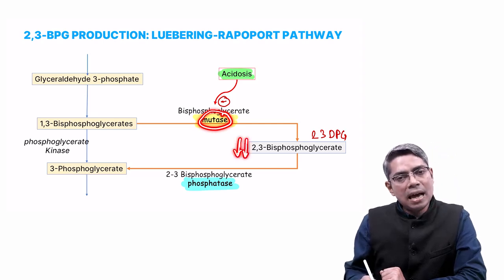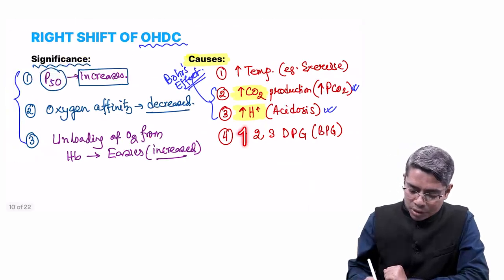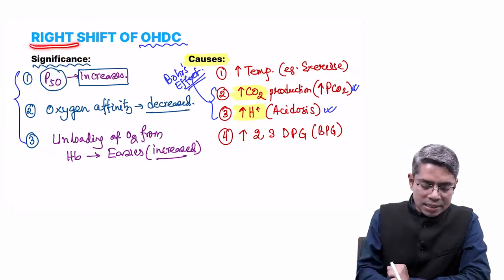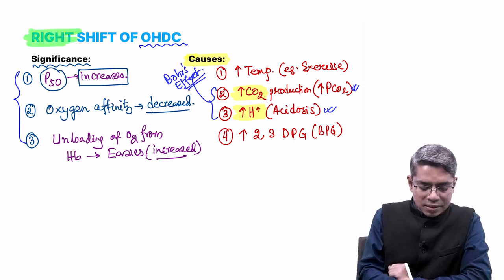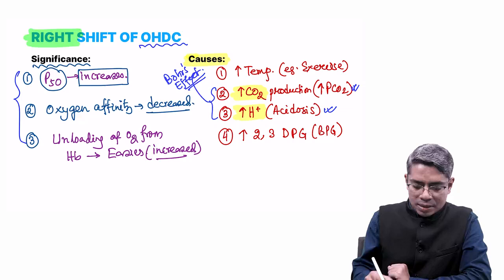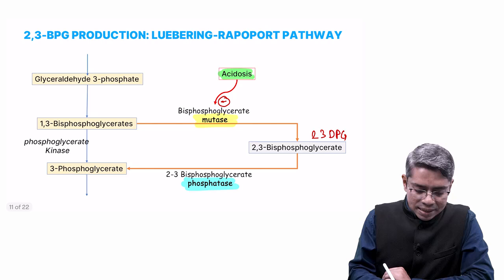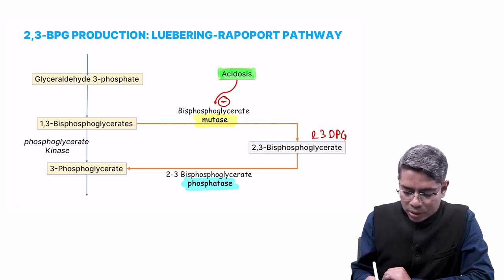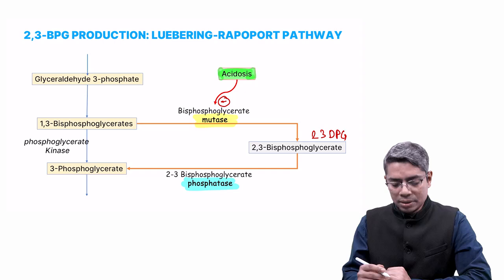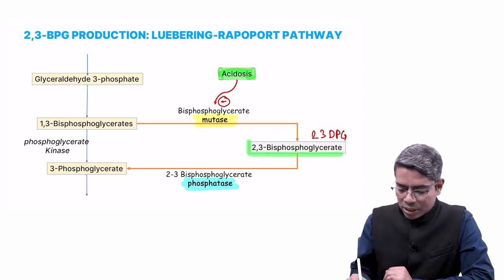It will decrease. If there is increased production of 2,3-DPG, there is right shifting. But if there is decreased production of 2,3-DPG, obviously there will be left shifting. So acidosis can cause left shifting of the curve because of decreased 2,3-DPG production.